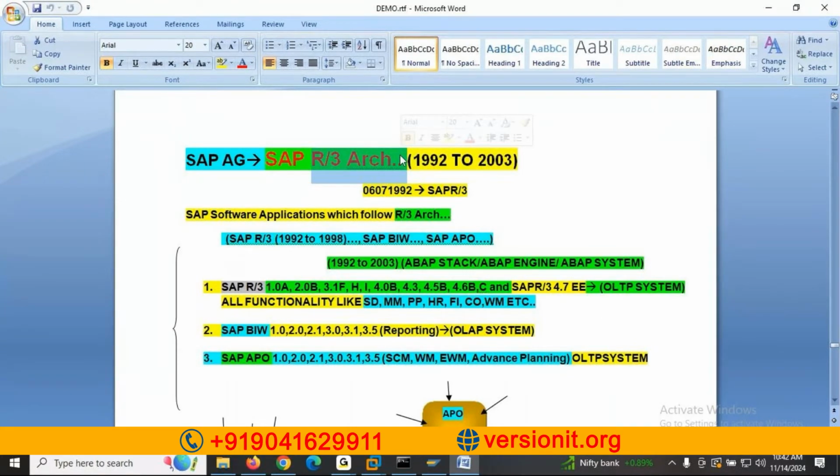Each and every software application designed in this time frame follows a single architecture named as R3, named as R by 3.